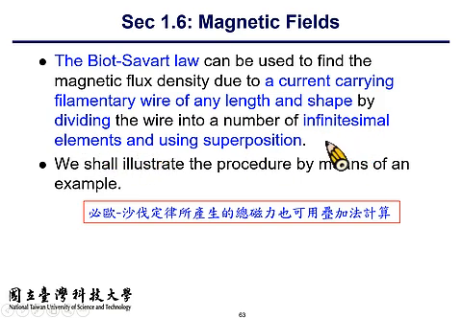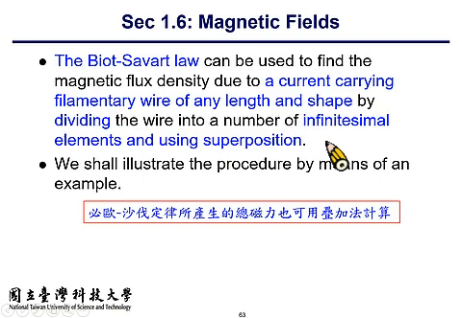Similar to what we have done in section 1.5, the calculation of the total electrical field of sophisticated geometry can be dealt with using the divide and conquer strategy, that is, divide complicated current distribution into small pieces of current lines, then apply the Biot-Savart law to calculate the total magnetic flux and use the superposition law.